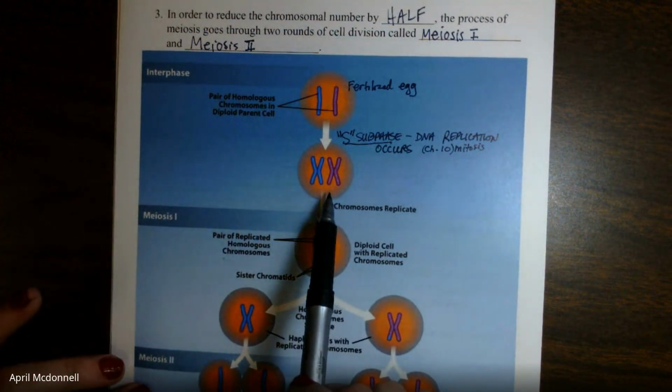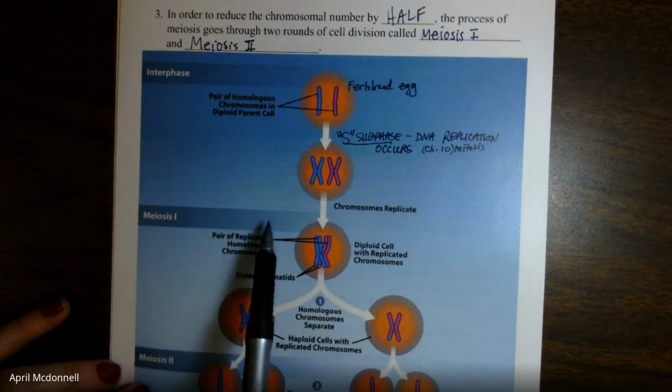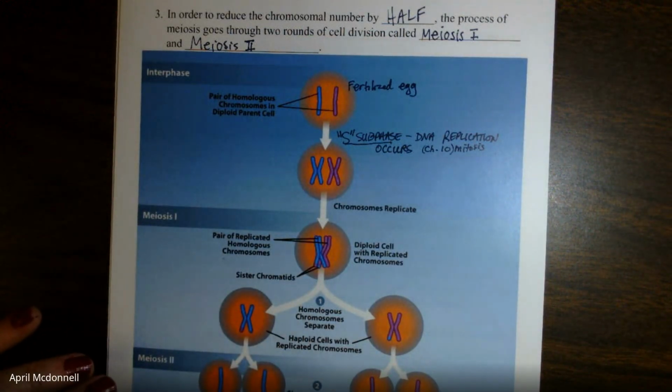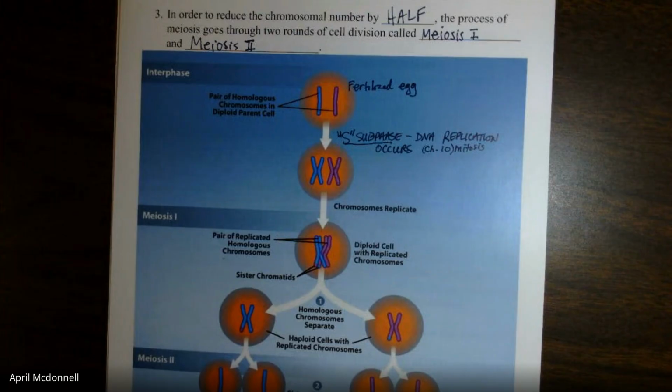When the cell goes through meiosis, that means that the cell is going to either become a sperm cell or an egg cell. The only type of cells produced during meiosis are gametes specifically, meaning a skin cell, a stomach cell, a blood cell is not produced by meiosis.